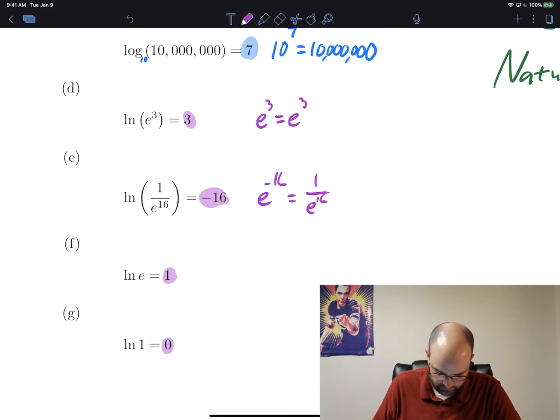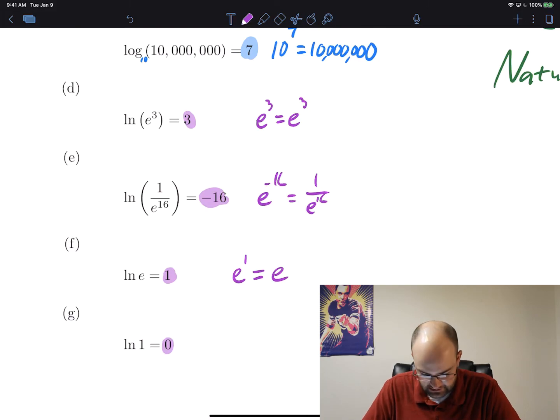For the next one, base of e to the exponent of 1 equals that argument there of e. So e to the 1 equals e. In other words, base e understood to the 1 power equals the argument there of e. As for the last one, we have e to the 0 power is equal to 1.